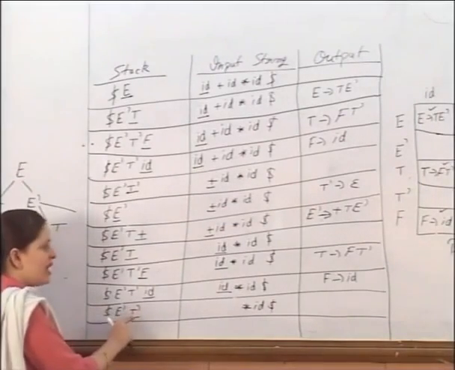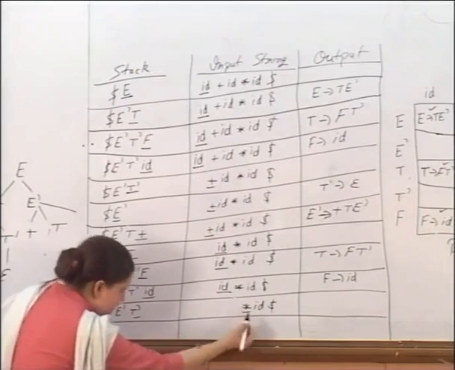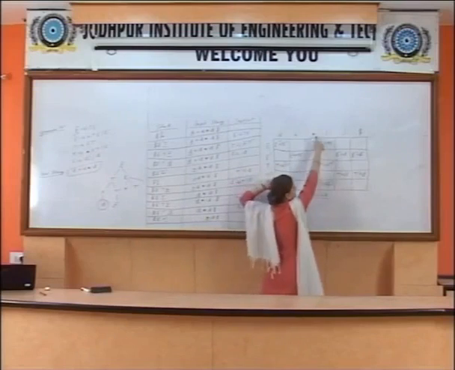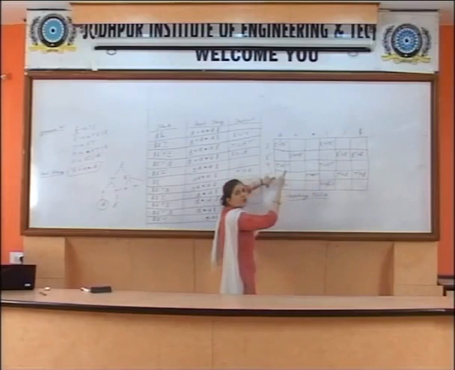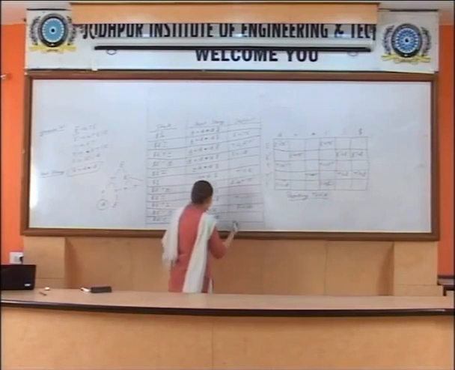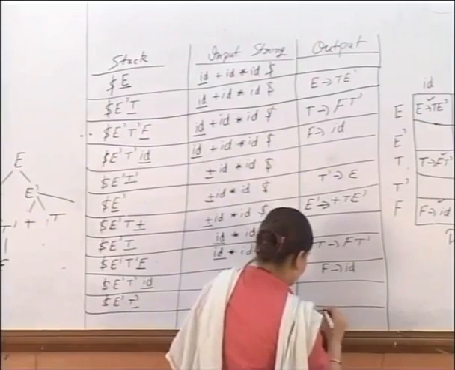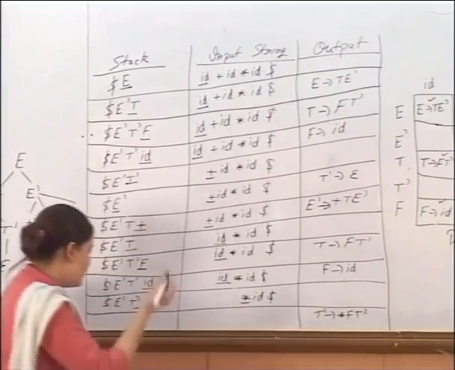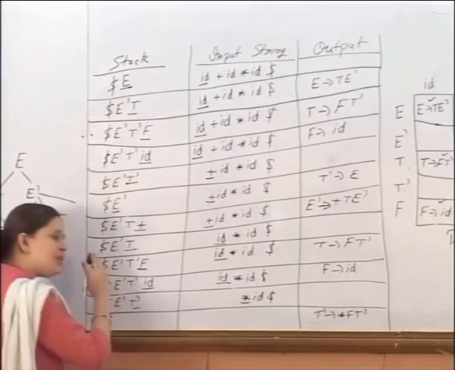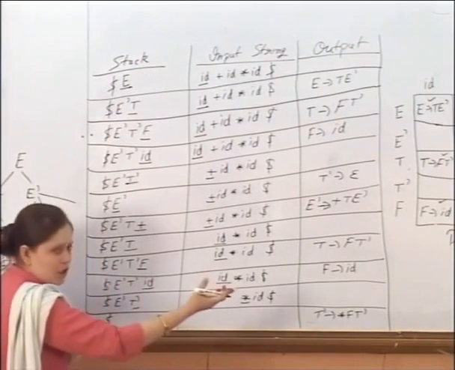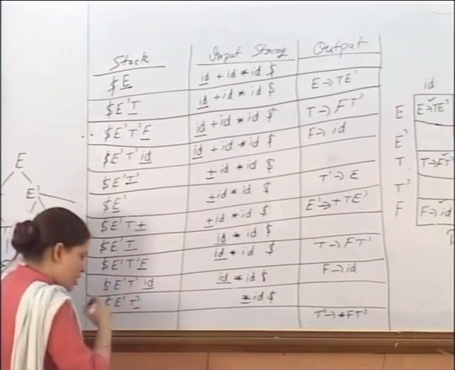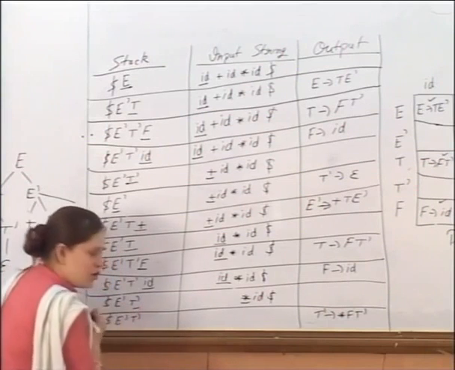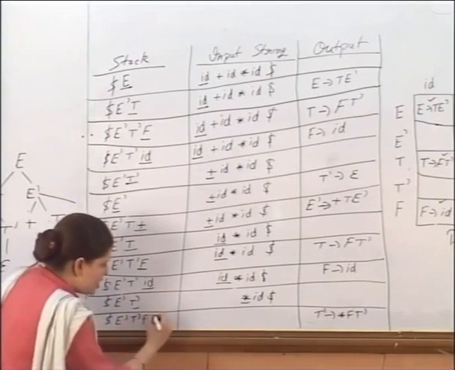Now again the value at the top of the stack is T dash. So for this T dash and the current input symbol, that is star, T dash with terminal symbol star, we have a production T dash to star F T dash. That means star F T dash. We will pop this T dash from the stack and push the production, that is T dash F star, E dash, then T dash F and star.